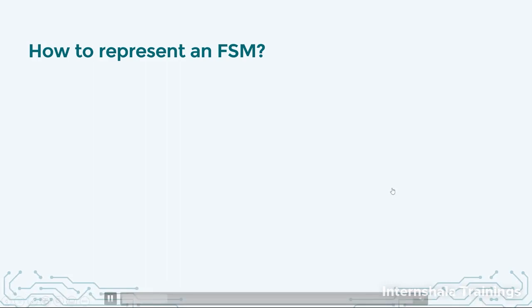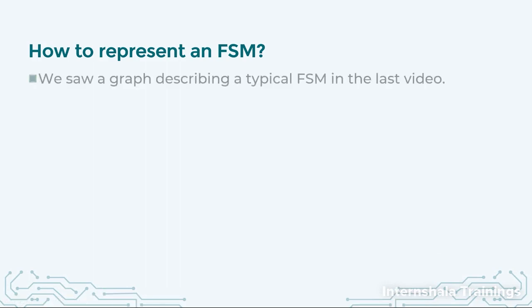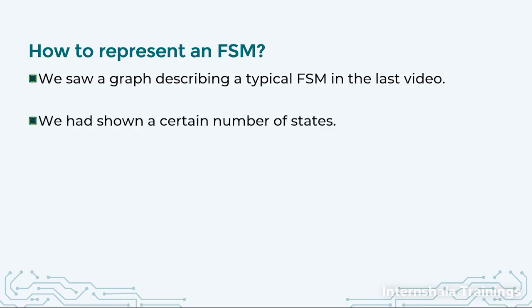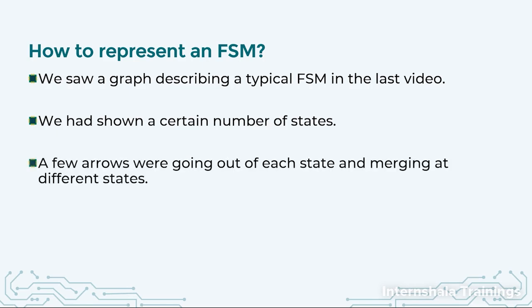So first of all, we have to see how we can represent a finite state machine. We saw a graph that was describing a finite state machine in our previous video. We were able to interpret some of the properties from that graph. We had shown that in that graph there are a certain number of fixed states.